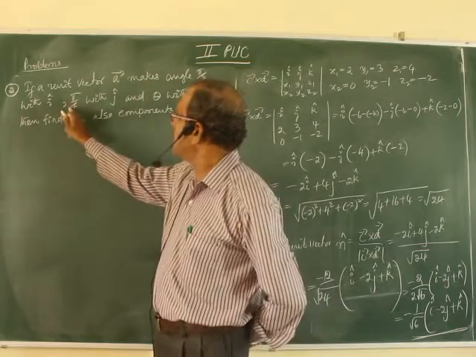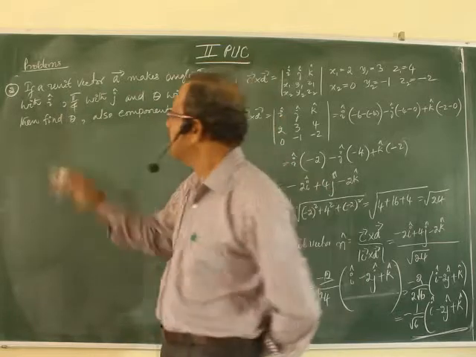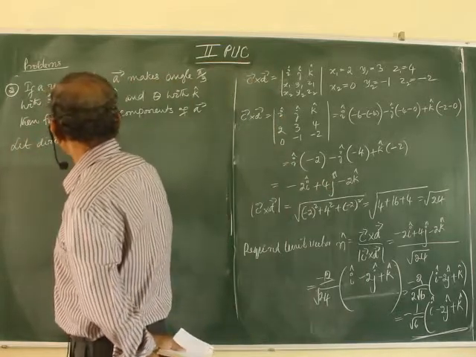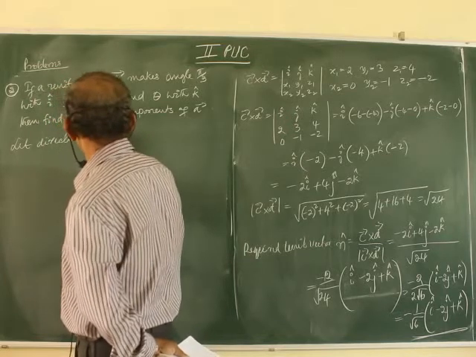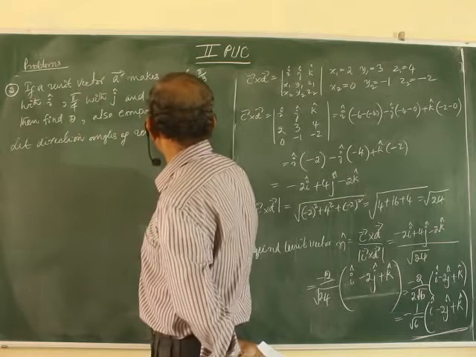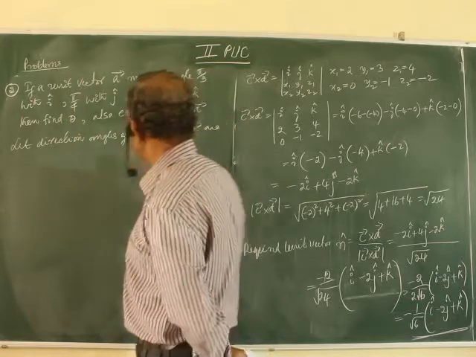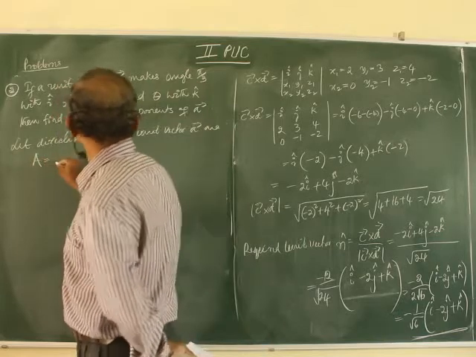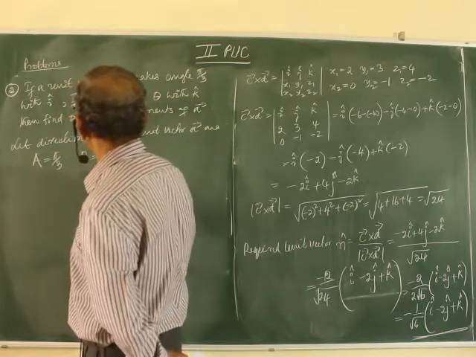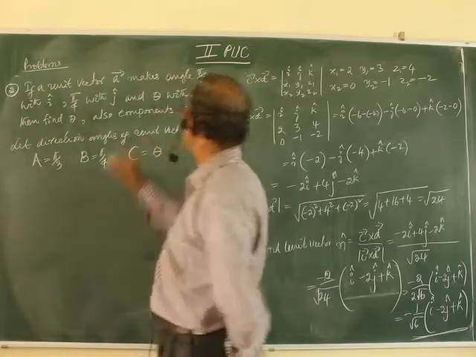Capital A and capital B are known. What about theta? Let me start with this. Let the direction angles of unit vector A be A equal to pi by 3, B equal to pi by 4, C equal to theta, not given.